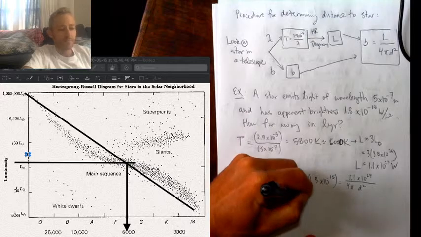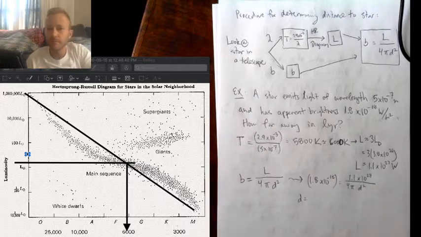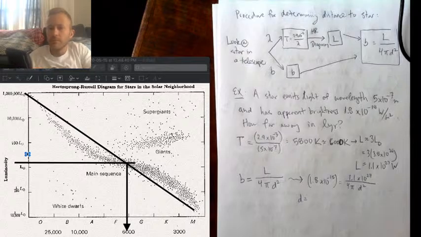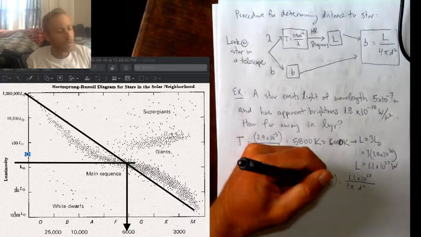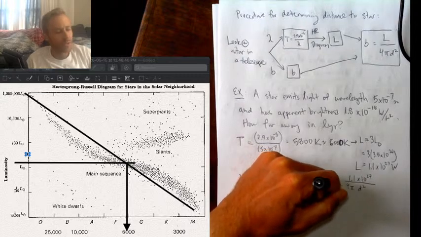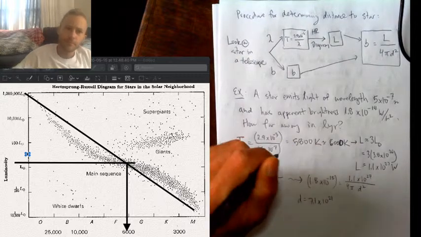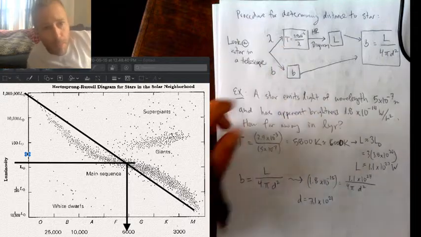So I can solve for D, and I get about 7.1 times 10 to the 21 meters.